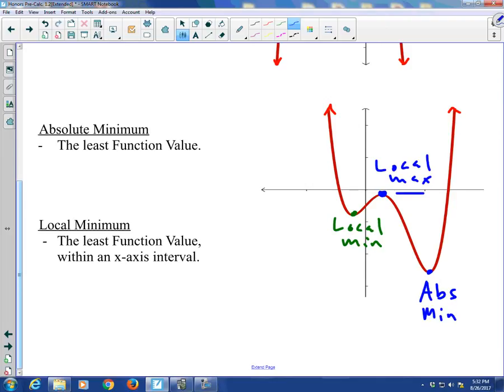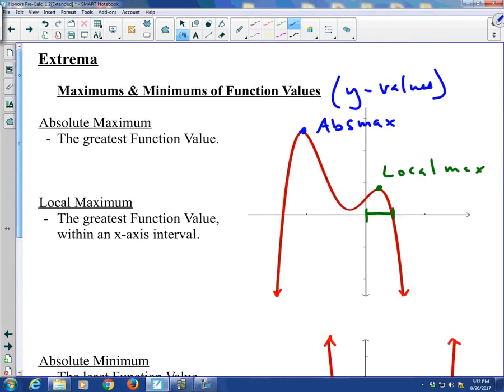So even though this is my only max that I'm seeing, because function values go up to positive infinity, you couldn't say that there's an absolute max. Similarly, with our first graph, between our two maxes, we have a local min, but it couldn't be the absolute min because it's not the least function value we get, because function values go down to negative infinity.